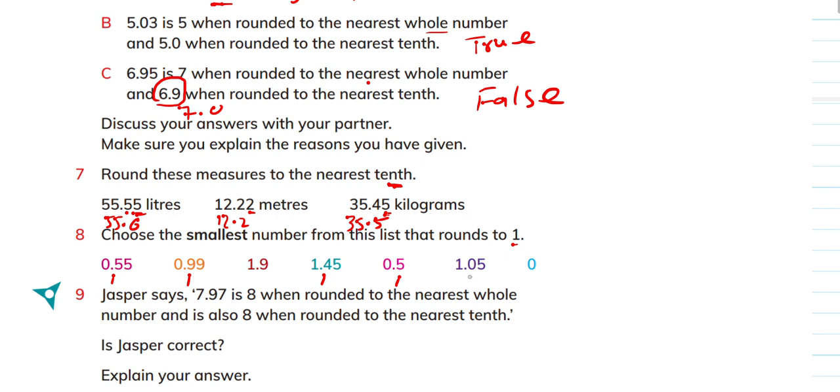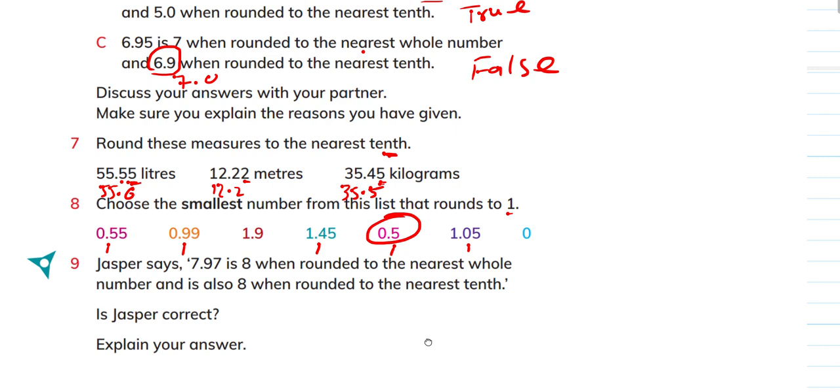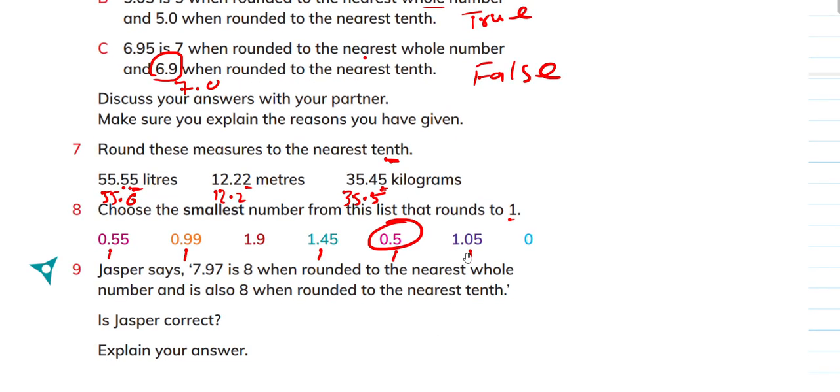This will round to 1. Which one? Look, so many round to 1. Which one is smallest? 0.5. So it means this one. Among all that round to 1, you have to choose the smallest one. It rounds to 1 when you are rounding to the whole number.